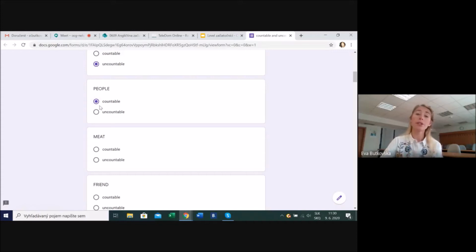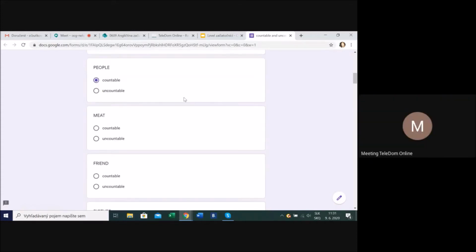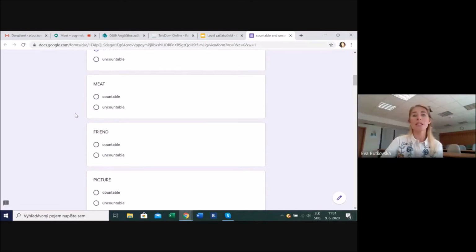So think about person, 1, but 2 people. What about word meat? So like I said, usually food or drinks are uncountable. So we can count meat, but in kilos or pounds or grams.